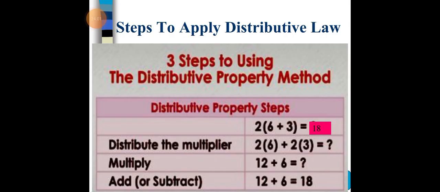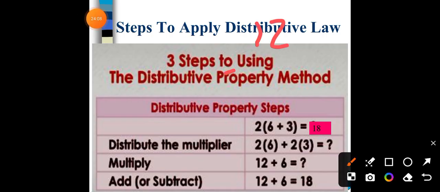Now 12 plus 6, I need to solve it. I'm bad at maths, guys. 12, 13, 14, 15, 16, 17, 18. Okay, we're getting 18 as the final answer.